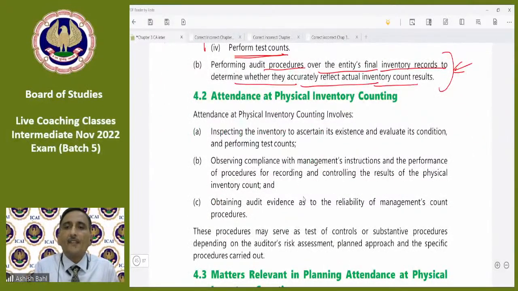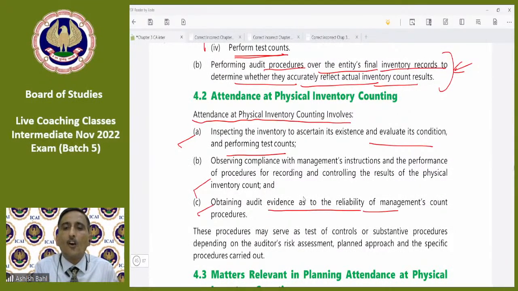Now, attendance at physical inventory counting involves inspecting the inventory to evaluate its condition and performing test counts, observing the process performed by management, and obtaining audit evidence. So these procedures, guys, might be substantive procedures or might be tests of controls.